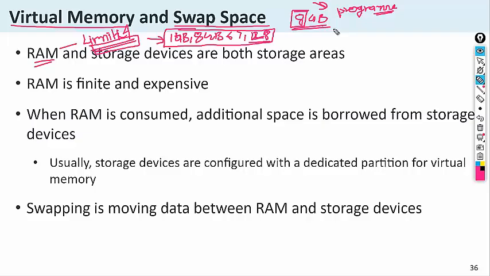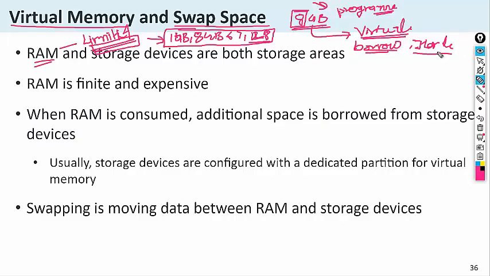So what will we do? Some data is shipped to virtual memory. So what is virtual memory? Virtual memory is a type of memory which is borrowed from the hard disk.